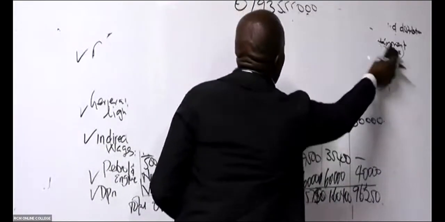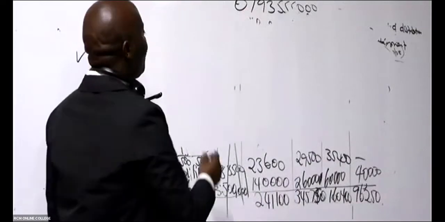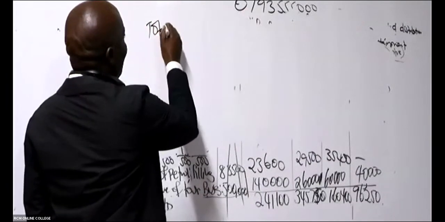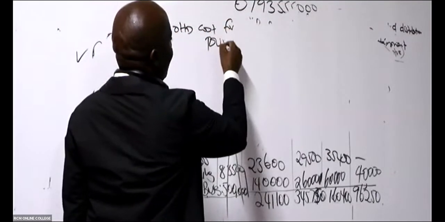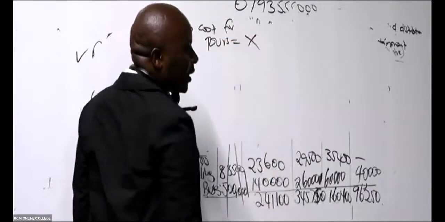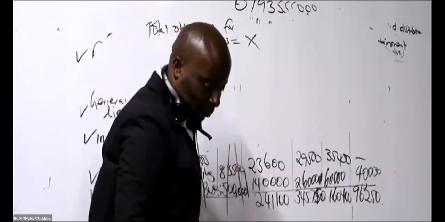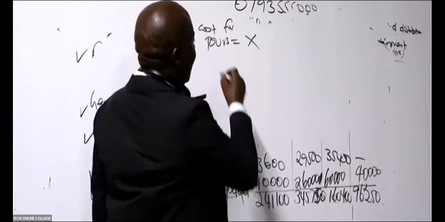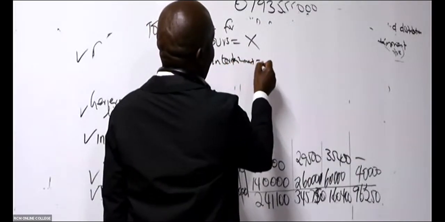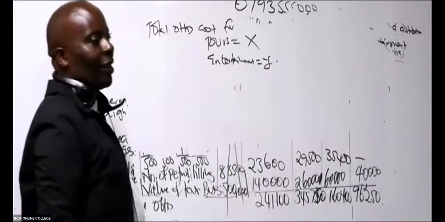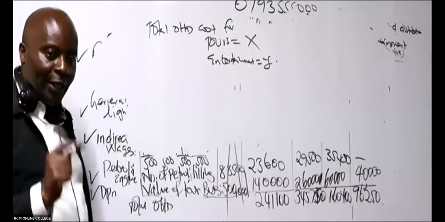The most important thing is for you to remember: let the total overhead cost for tours be X, and entertainment be Y. And then you remember the cost equation for a service center.